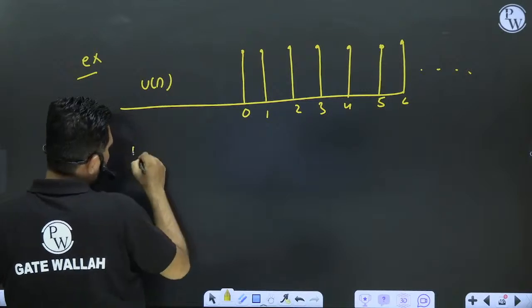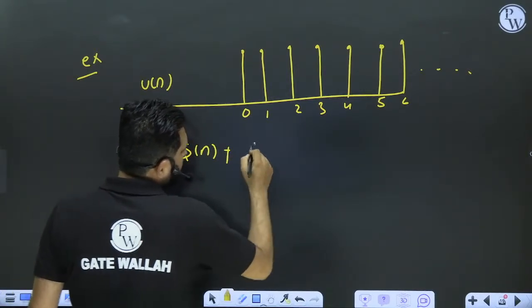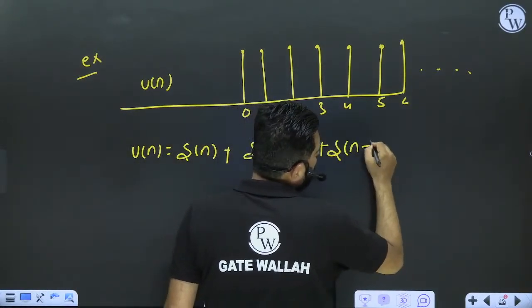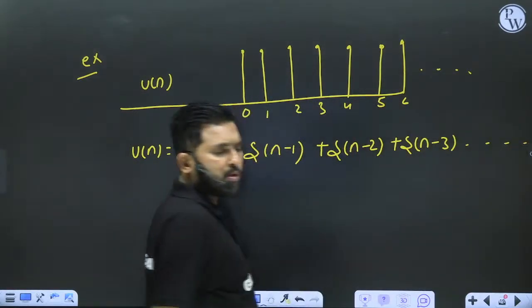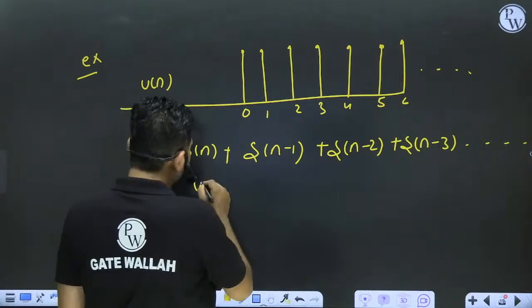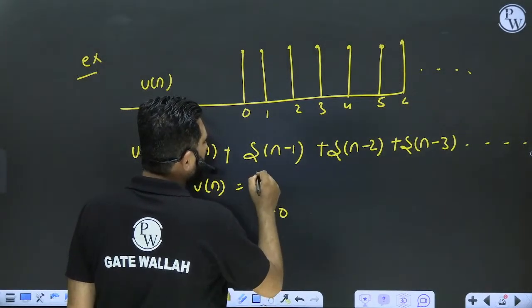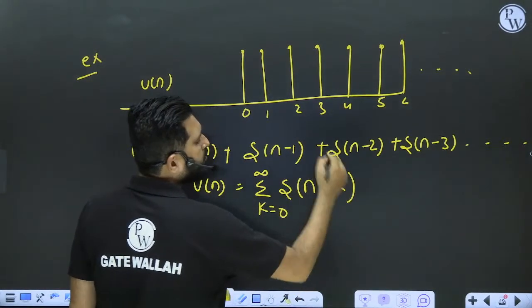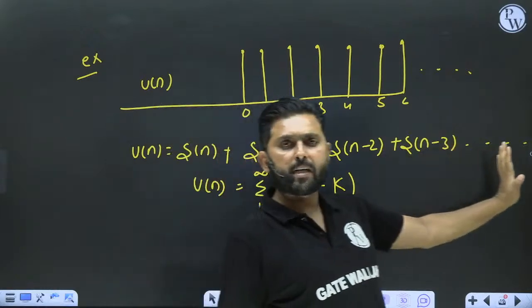How will you write u[n]? u[n] can be written as delta n plus delta n minus 1 plus delta n minus 2 plus delta n minus 3, and so on and so forth. Or you can write this u[n] as summation k equal to 0 to infinity delta n minus k. Very simple. So this u[n] can be represented in terms of impulse function.